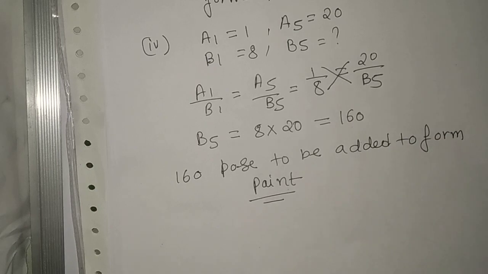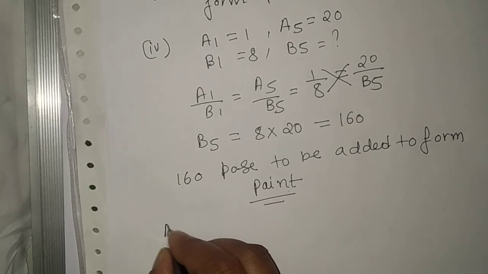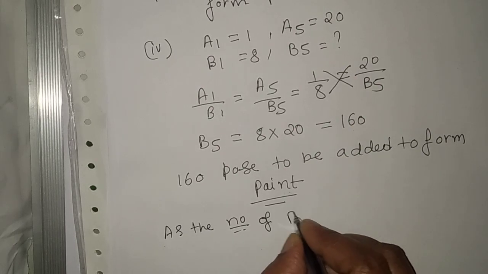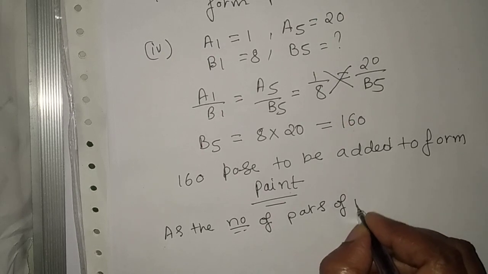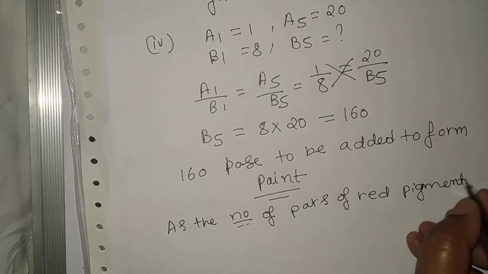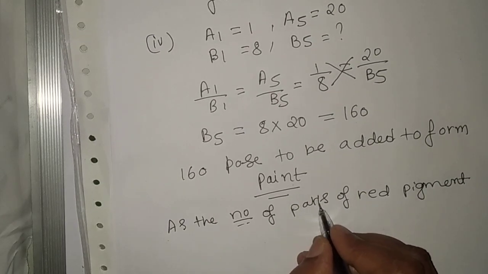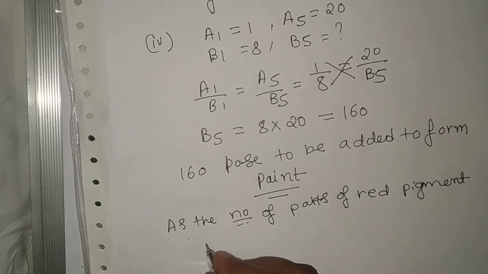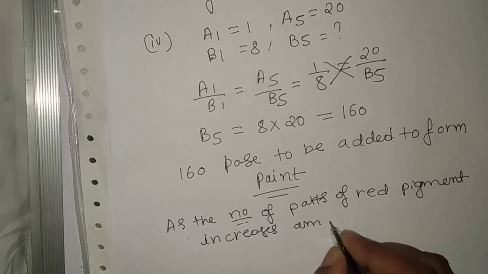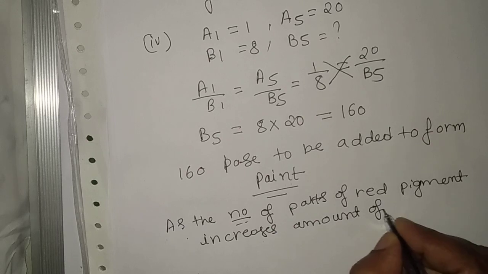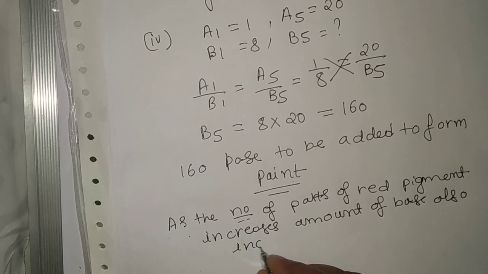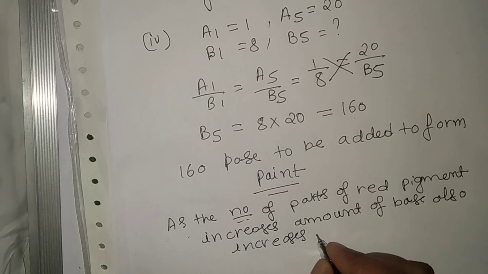One conclusion we have to write: as the number of parts of red pigment increases, the amount of base also increases, in the same ratio.